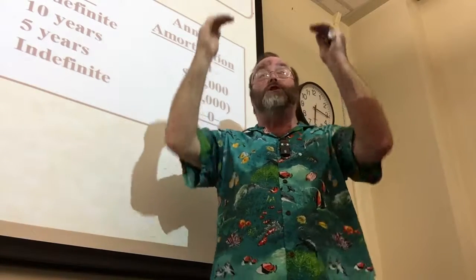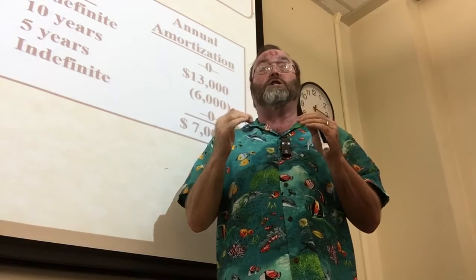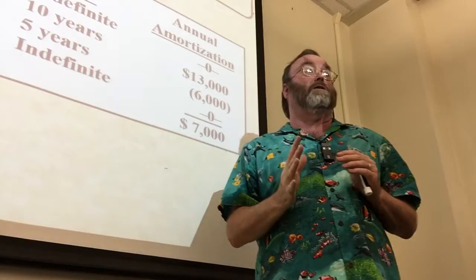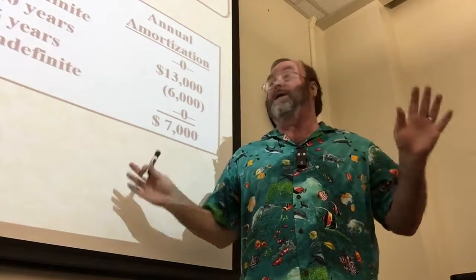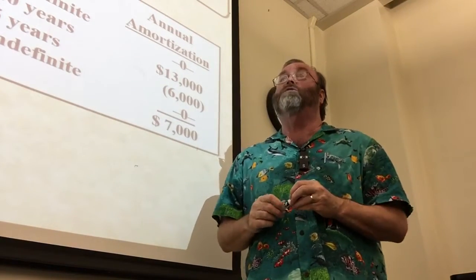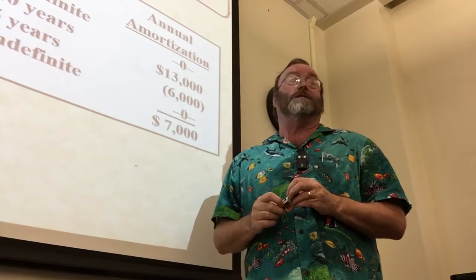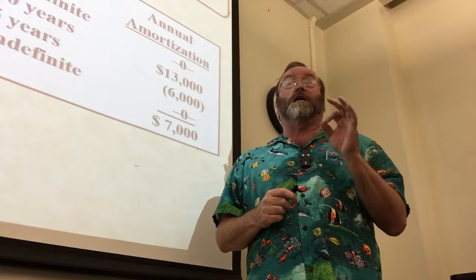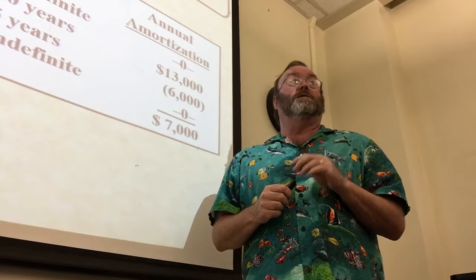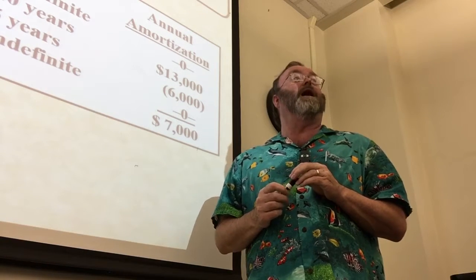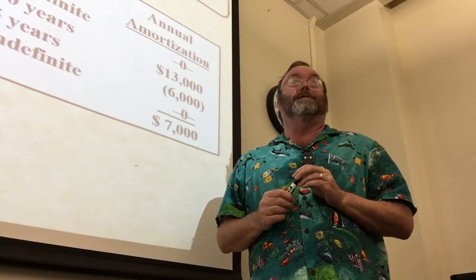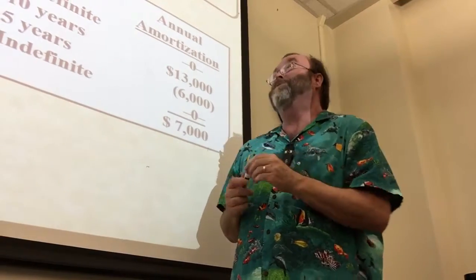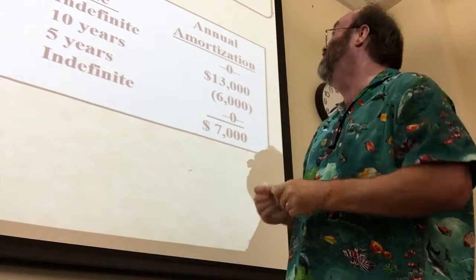So you need to reduce the depreciation expense each year for 5 years by $6,000. Because you didn't buy $150,000 worth of tangible fixed assets. You bought $120,000. Does that make sense? I get a lot of blank stares. Yes? No? Yes. Okay. Otherwise, I can go at it from a different angle.